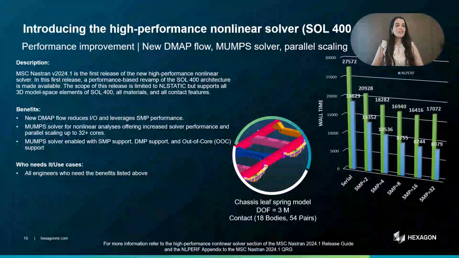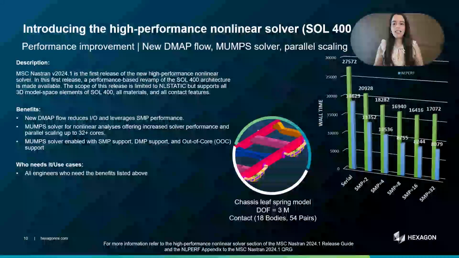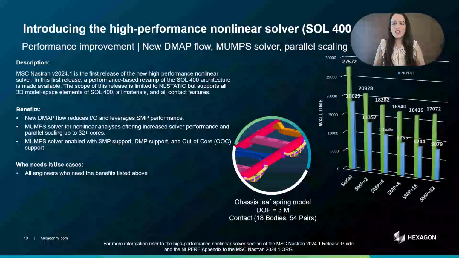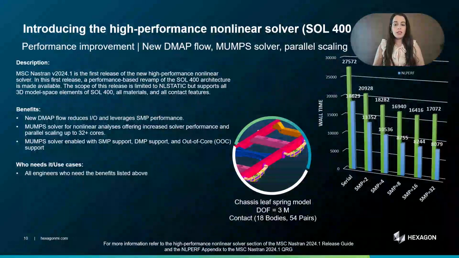In MSC Nastran 2024.1, we are excited to introduce our new high-performance nonlinear solver with a revamped Solution 400 architecture, which is really focused on performance. This release supports nonlinear static analysis and includes all 3D model space elements, materials, and contact features.